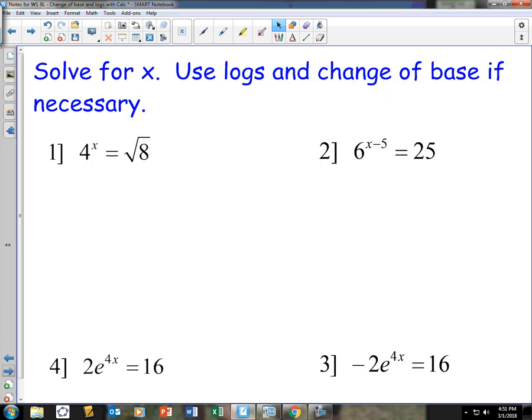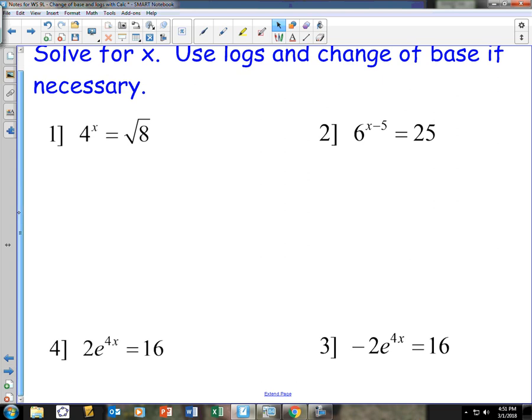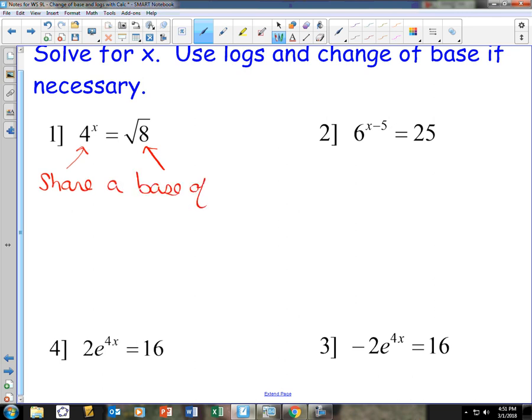When I look at number 1, the first thing I notice is the 4 and the 8. I notice that these guys share a base of 2. So I can literally just rewrite this problem with 2 as something, and I keep this as an exponent problem that I'm going to solve.